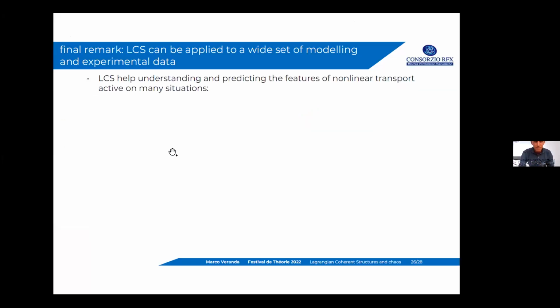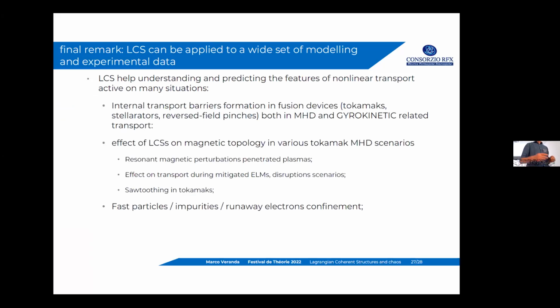Control L. Yeah. They can help understanding the features of nonlinear transport in many situations. It's important that here I showed only the case of magnetic field lines, but they can be applied to a wide set of modeling and of experimental data. For example, they are interesting to understand the mechanism at the basis of formation of internal transport barriers.